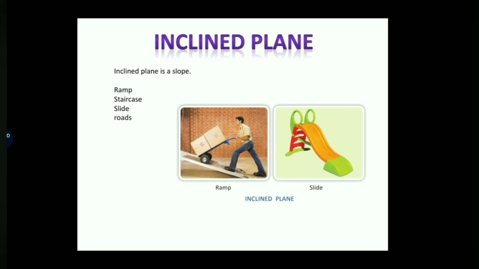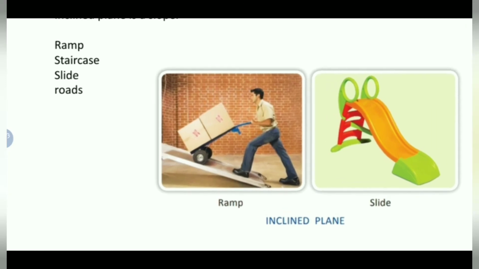But if you take the help of any inclined plane or any slope, it will be easy for you. Some examples are there like ramp, staircase, slide, roads in hilly regions. All these are examples of inclined plane. You can see in this picture, a ramp is there. It makes the work easy for this man.